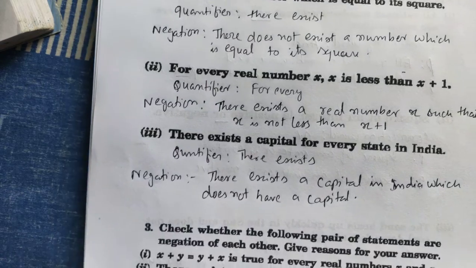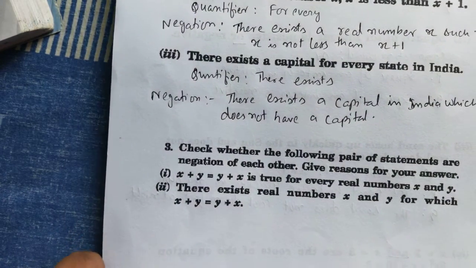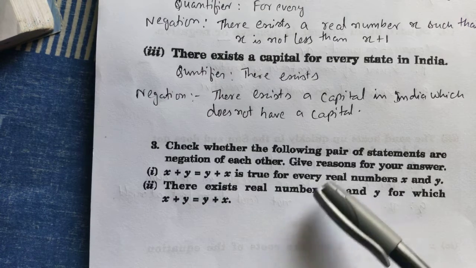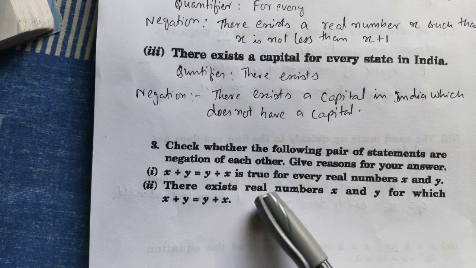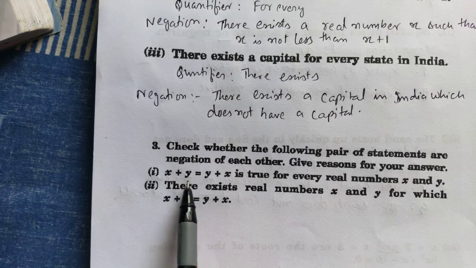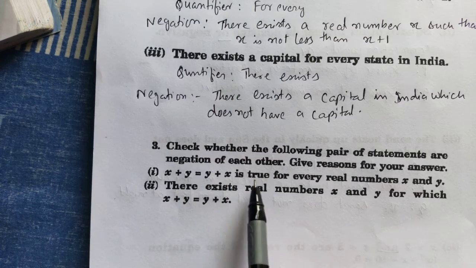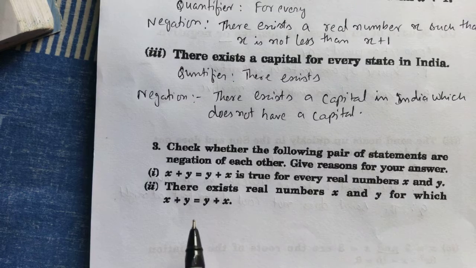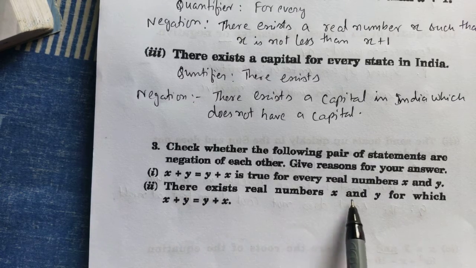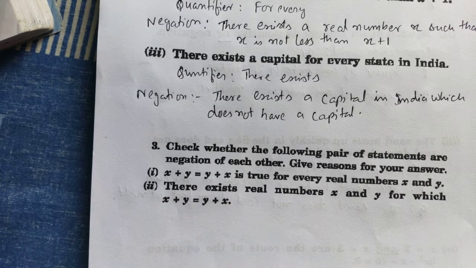Okay, let's do question number 3. Check whether the following pair of statements are negations of each other. Give reason for your statement. You have to say whether they are opposite to each other. Statement 1 and statement 2 are opposite or not. They said x plus y equal to y plus x is true for every real number x and y. And the second statement is there exists real numbers x and y for which x plus y is equal to y plus x.